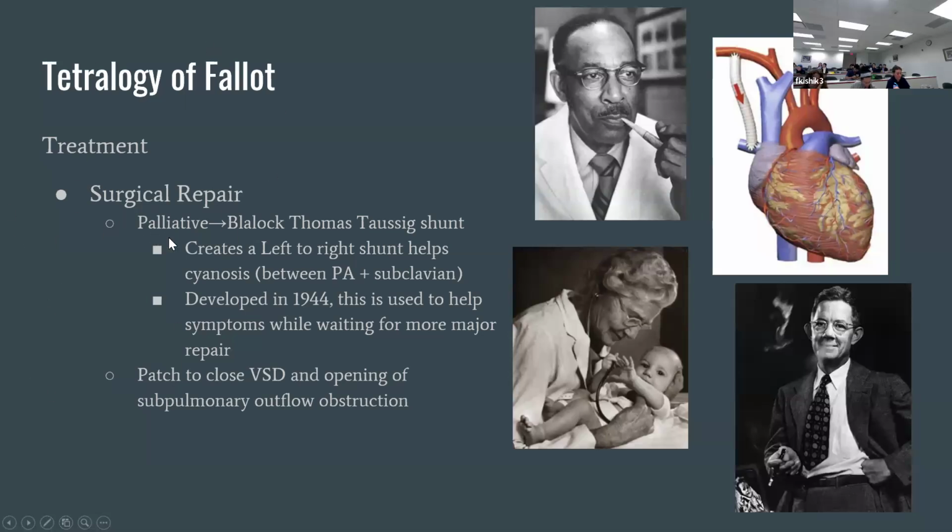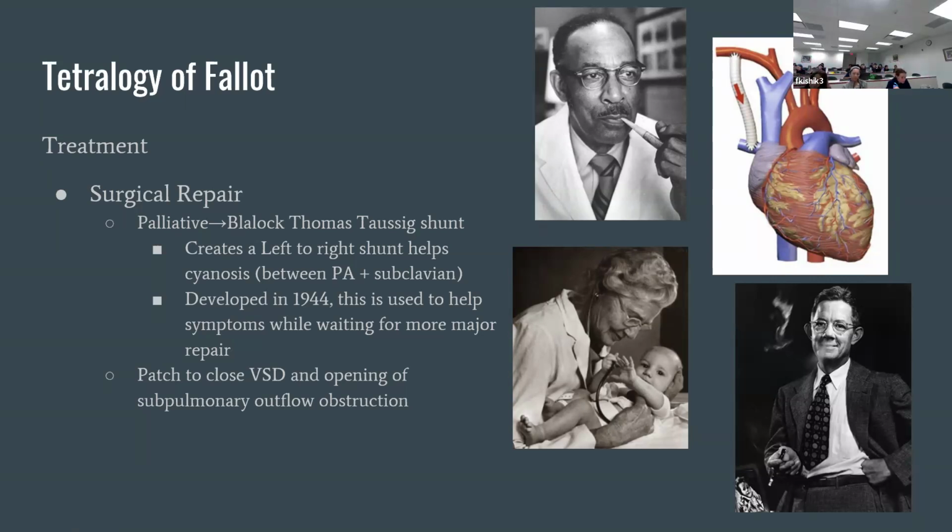So how do we treat this? These three surgeons, Blalock, Thomas, and Taussig, I don't know which one is which, but these are them. They created this palliative procedure to help neonates survive this until they're old enough to get the major surgery to actually treat it.